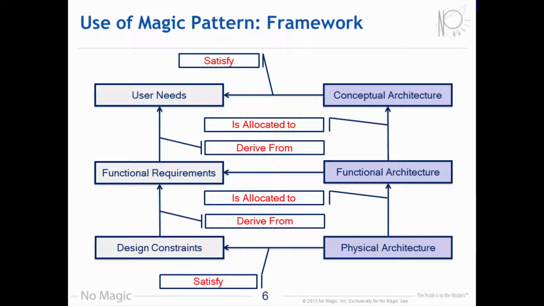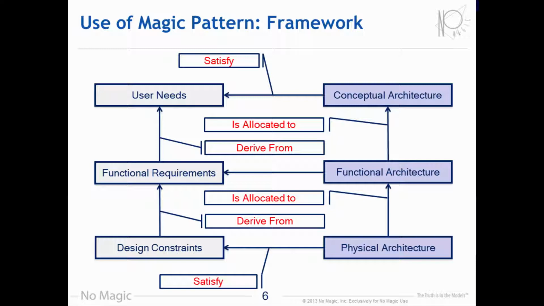So we want to, of course, allocate functional architecture to conceptual architecture concepts, and physical architecture should also be allocated to the functional architecture. So this is a basic framework, and well, we do actually run quite a lot of trainings on how to do this with SysML.